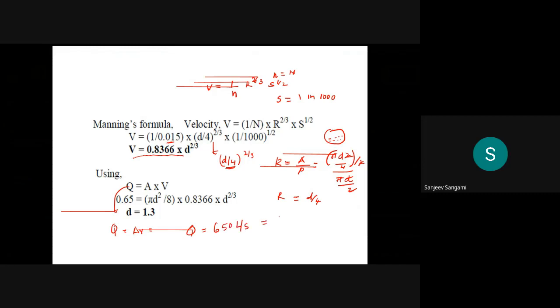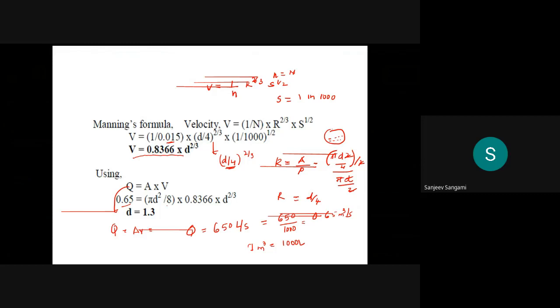Then 650 divided by 1000, so it will give 0.65 meter cube per second, because we have 1 meter cube is equal to 1000 liters. So then we'll get this value.